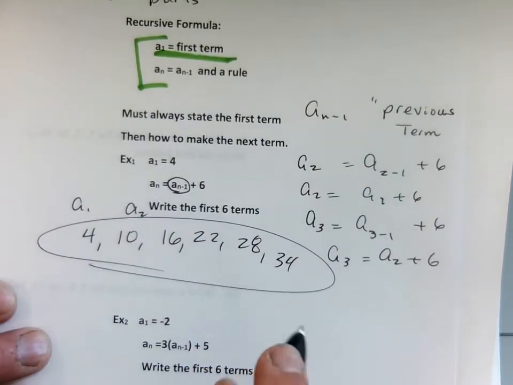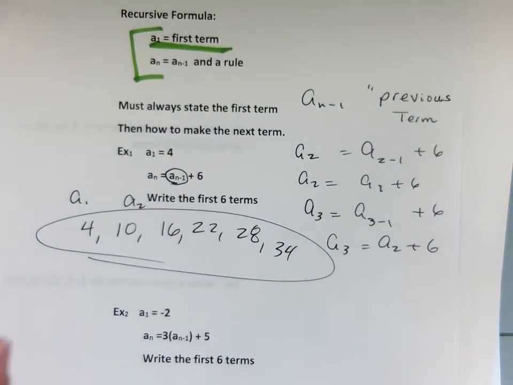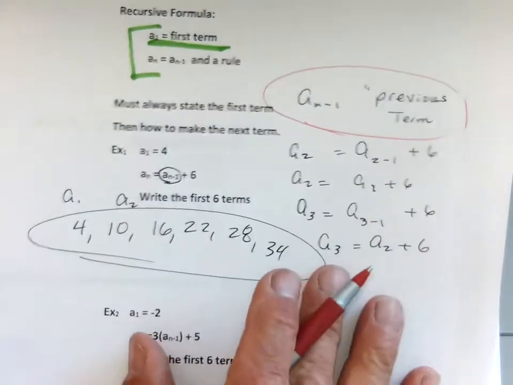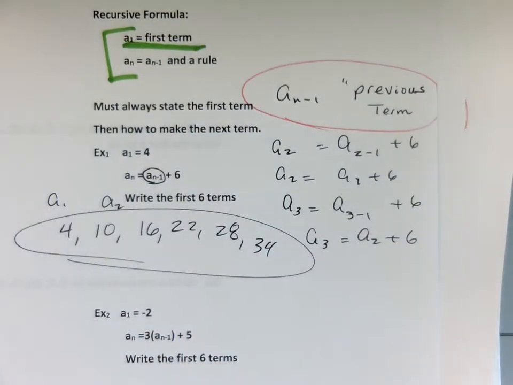So it's a little confusing, but if you just know that this symbol right here means the previous term, it's actually really easy. If I want to make the 16th term, I take the 15th term.